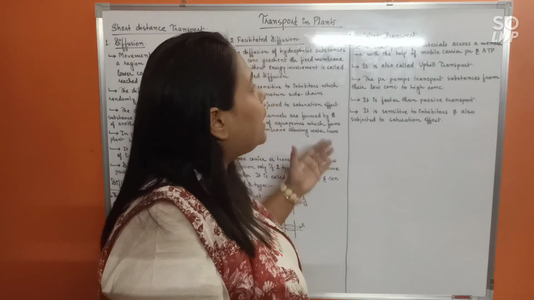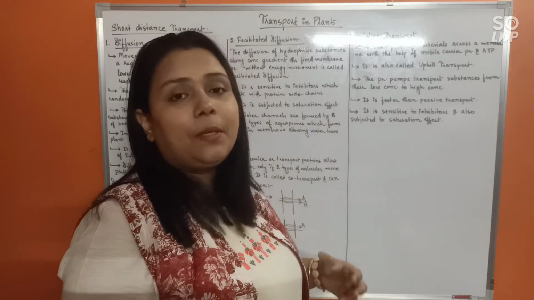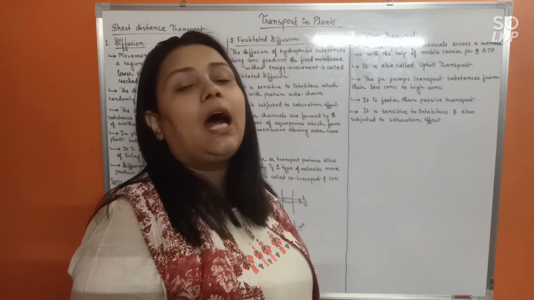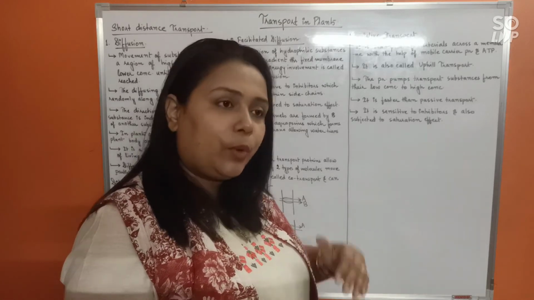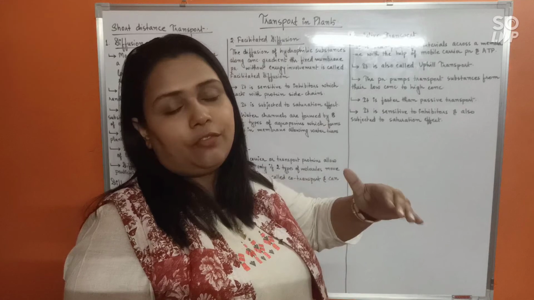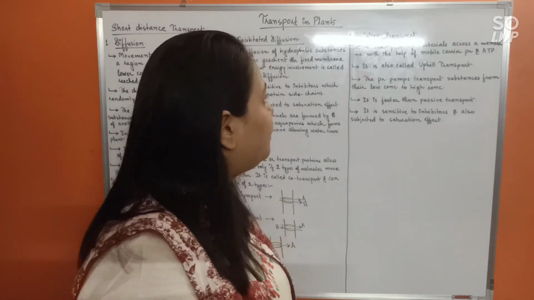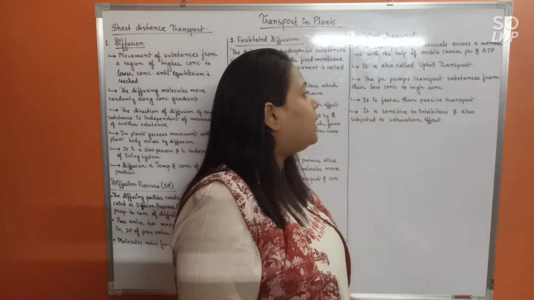Because in this type of transport ATP or energy has to be invested, we call this process uphill transport as well, just like when you move up a hill, you have to invest a lot of energy. That's why we call it uphill transport.